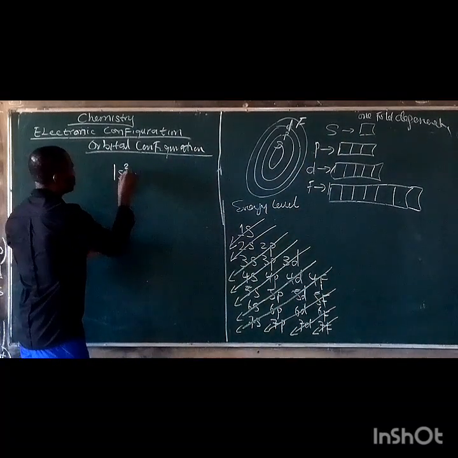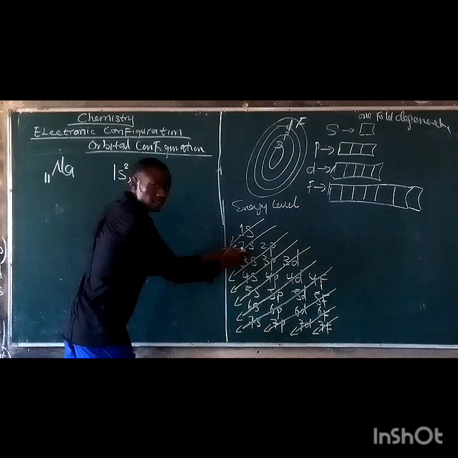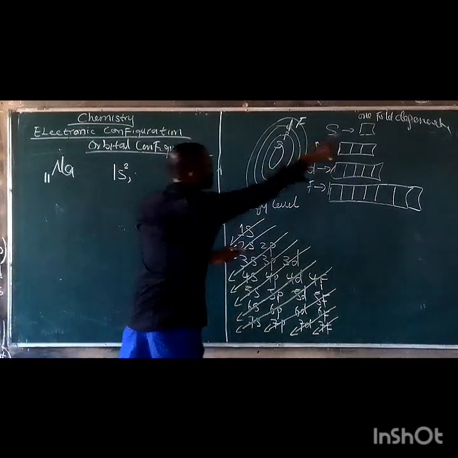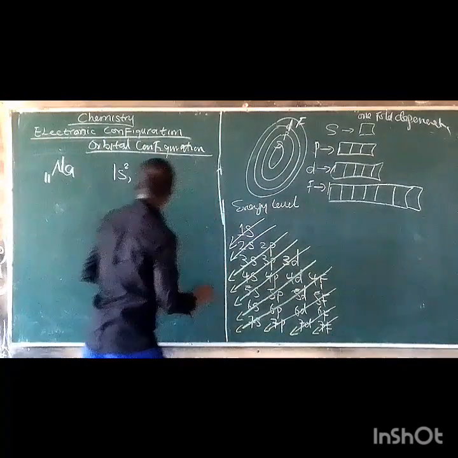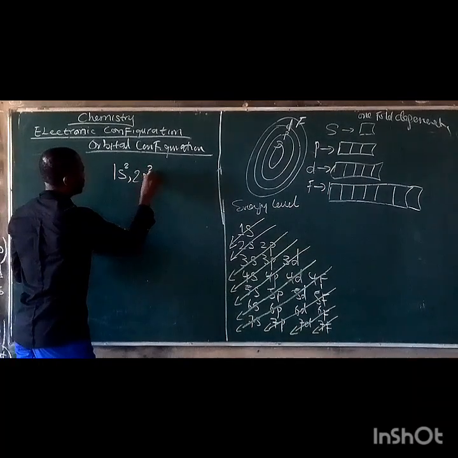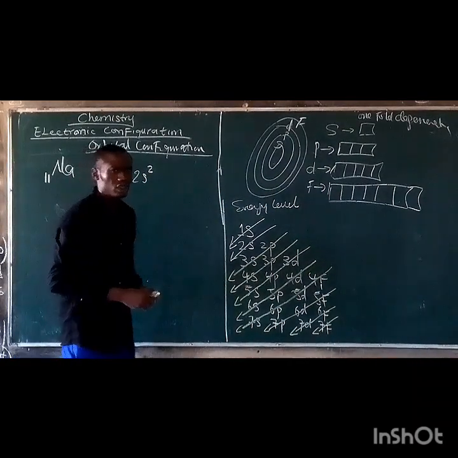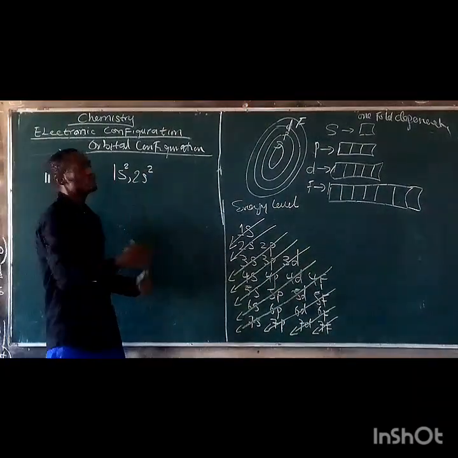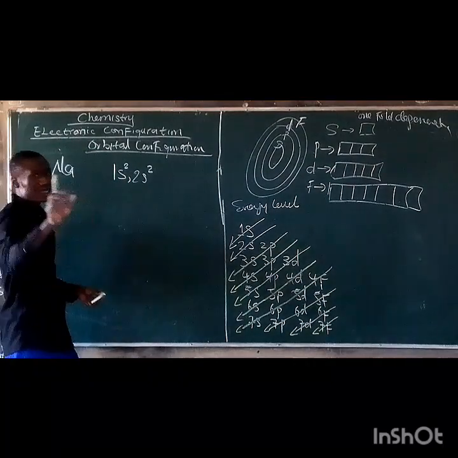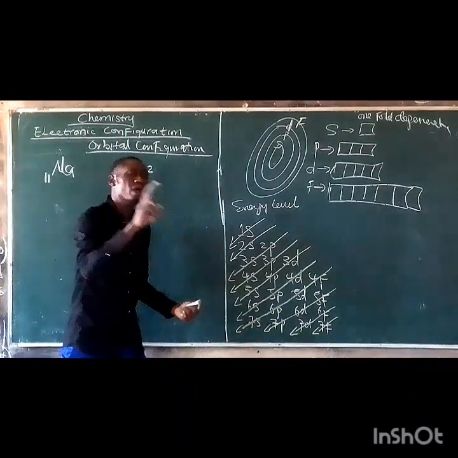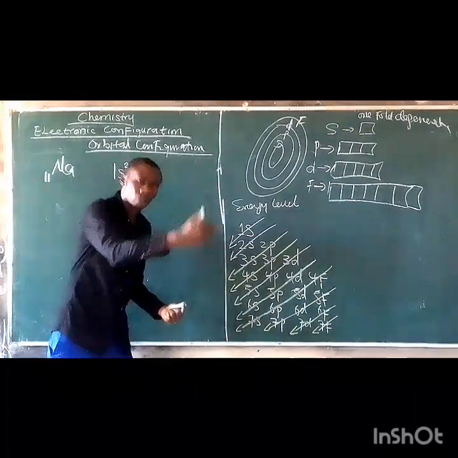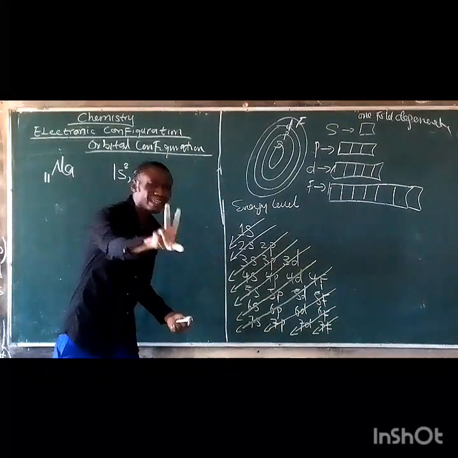So it's 1s2, and then the next thing is the 2s. s has 1 degenerate orbital, so it's 2 electrons over there. It will be 2s2. And then I want to ask you a question. Is 2 plus 2, that's 4, up to 11? The answer is no. We are going to the number 11 because the atomic number is 11.